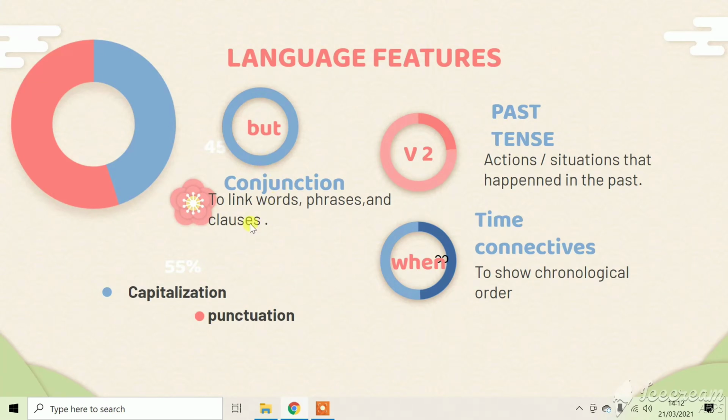And then don't forget to pay attention to capitalization. If you want to write the name of someone, we have to use capital letters.